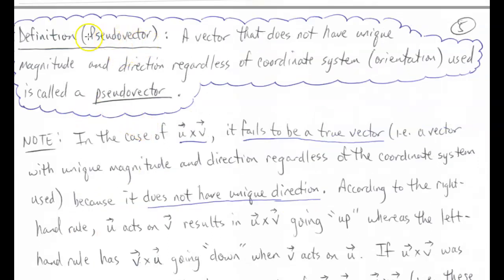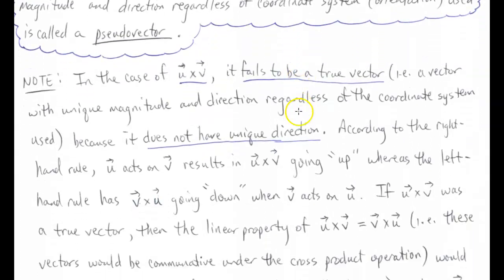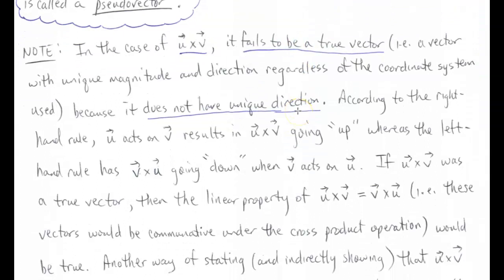All right, so again, here's me formally stating the definition of a pseudo vector. It is a vector that does not have a unique magnitude and direction regardless of the coordinate system orientation. That's essentially what it is. To go a little deeper, we know that u cross v fails to be a true vector because it doesn't have unique direction.